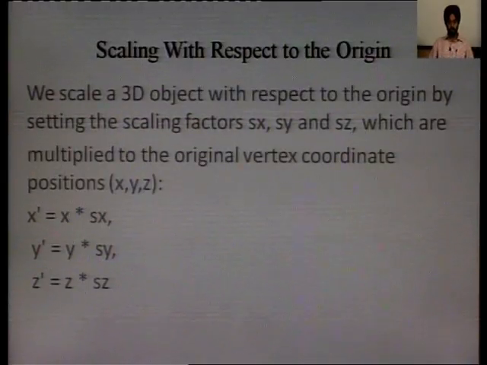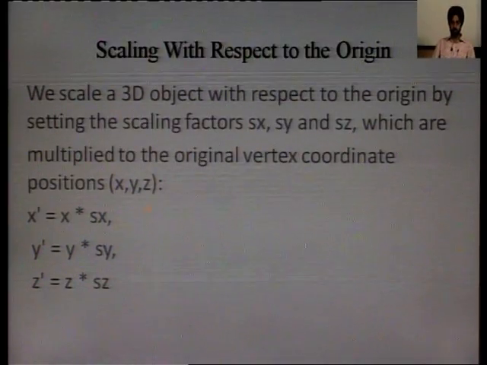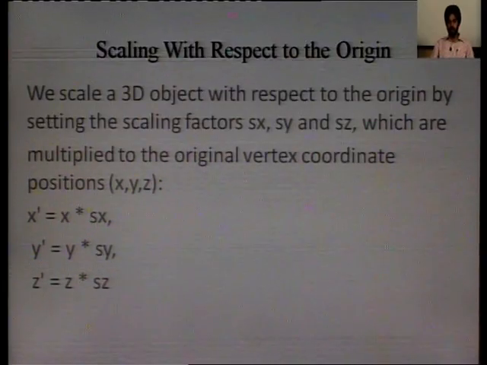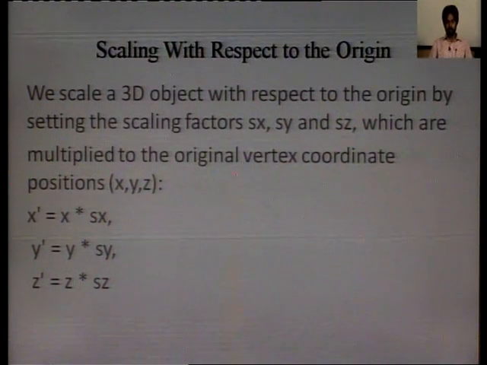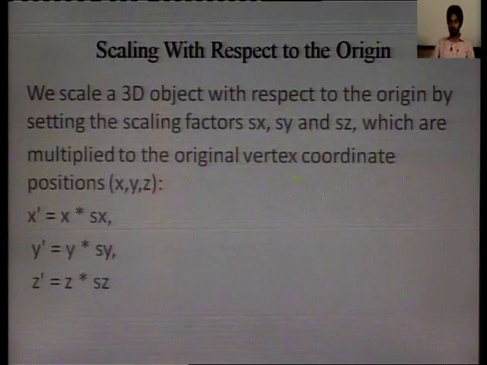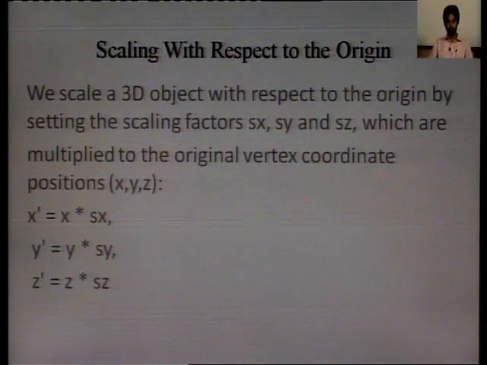Second is scaling. Scaling is with respect to the origin. What is scaling? Basically, we scale a 3D object with respect to the origin by setting the scaling factors Sx, Sy and Sz, which are multiplied with the original vertex coordinate position x, y and z.